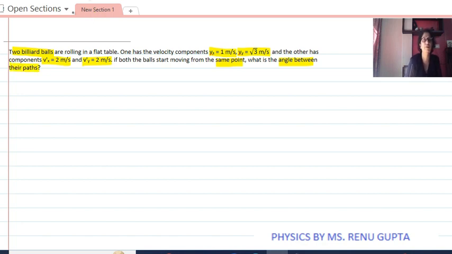Now, first of all, we draw the diagram and understand what the question wants to say. Say this is x-axis and this is y-axis.